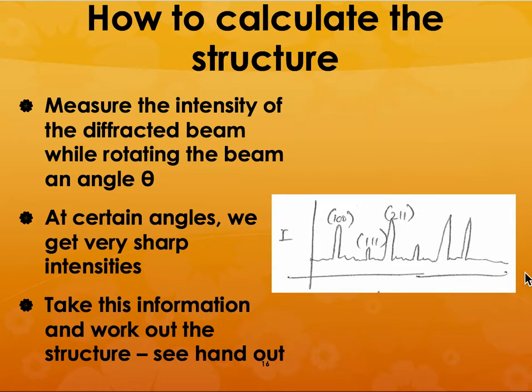This is an example spectrum, and these peaks where you get these sharp intensities are going to be dependent on particular atomic planes. And then you can take this information and work out the structure. For that, please take a look at the handout that we have posted.